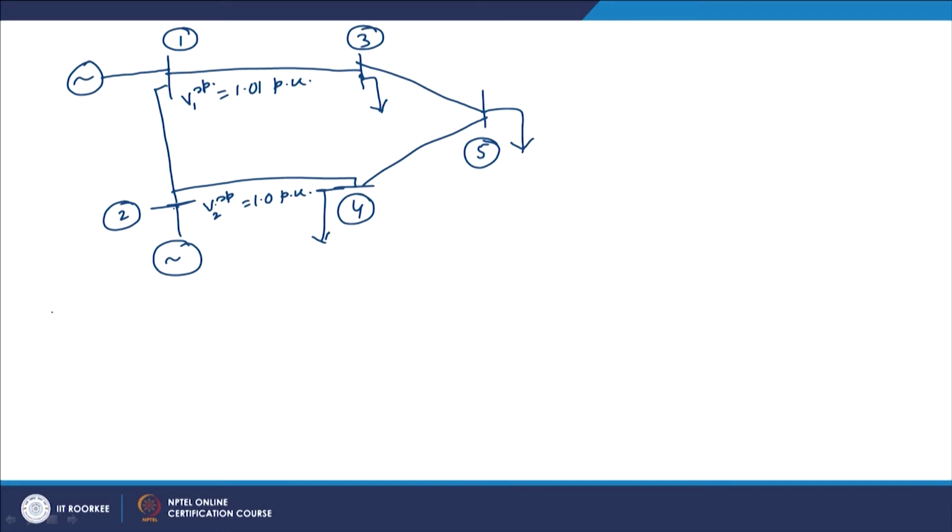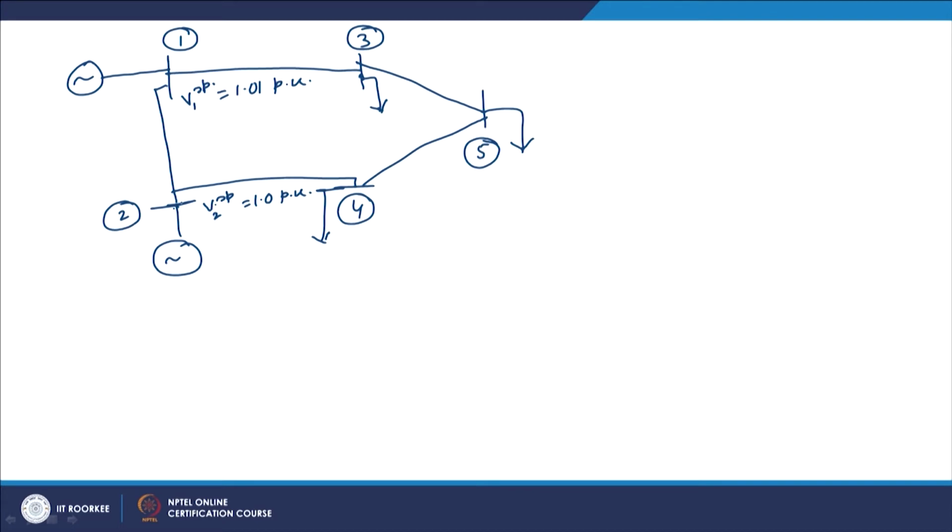Now, what happens? Suppose there are some heavy loads in the system. If these loads increase, they will draw much more current, and this current has to be supplied from the generators. As a result, there will be more drop in all the lines, and consequently the bus voltages will drop.